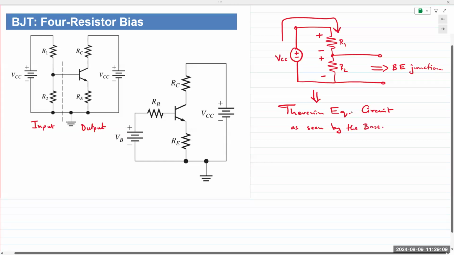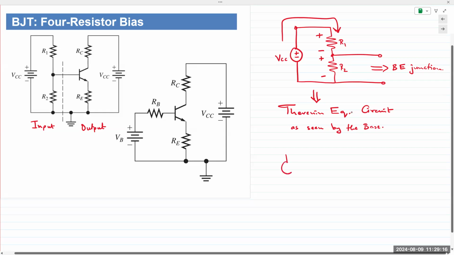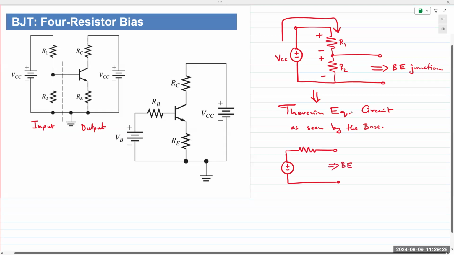Okay, as seen by the base. So that circuit devolves to something like this. You have a voltage, you have a resistance going in, and this is, of course, going into the base emitter junction.